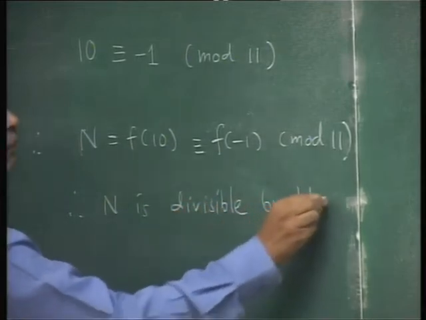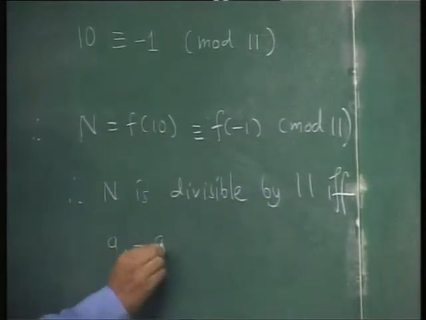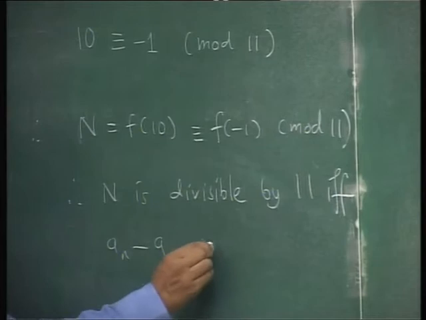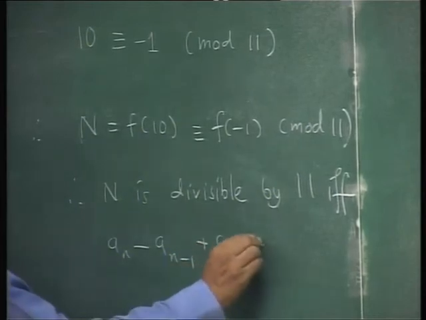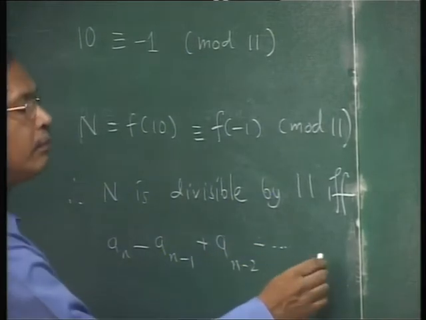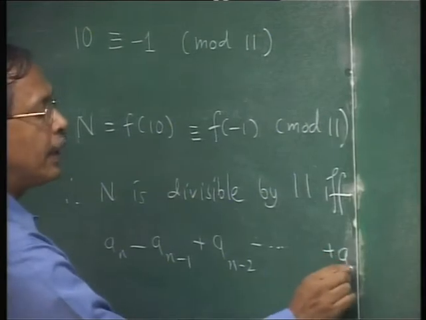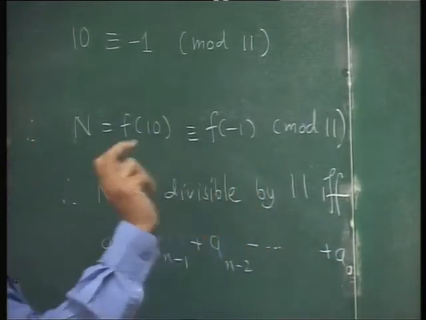So, n is divisible by 11 if and only if a_n minus a_(n-1) plus a_(n-2) plus minus etc., and ultimately you can go up to minus a_1 plus a_0, where x is minus 1.